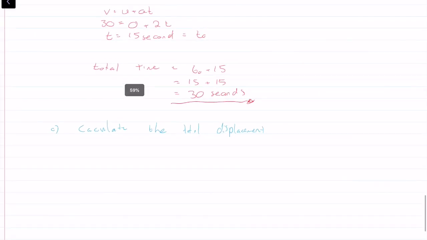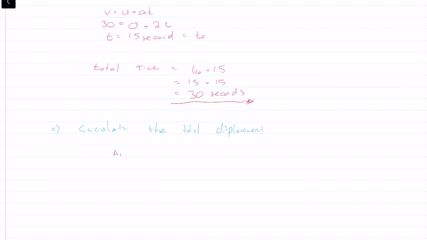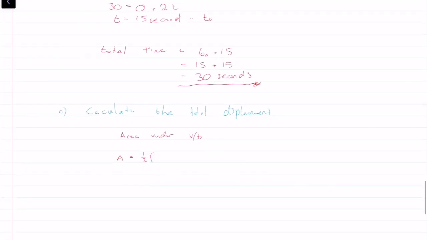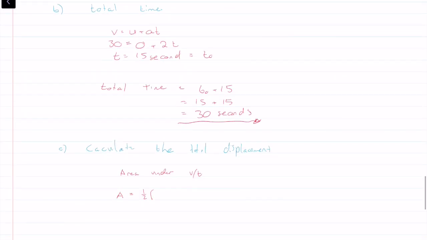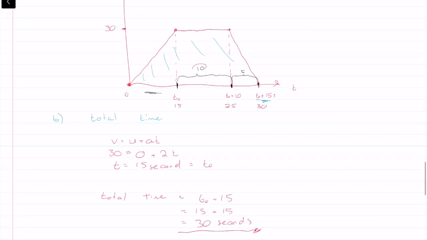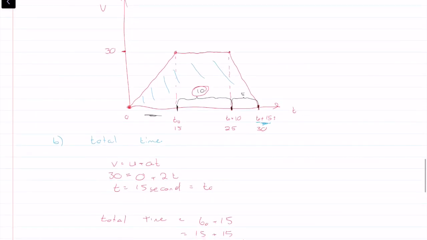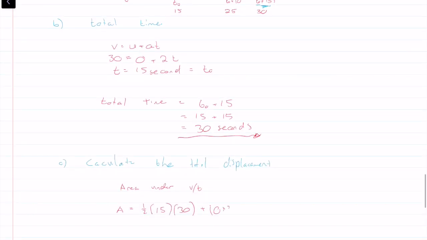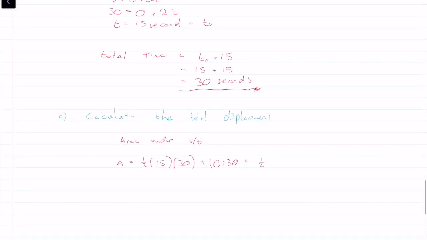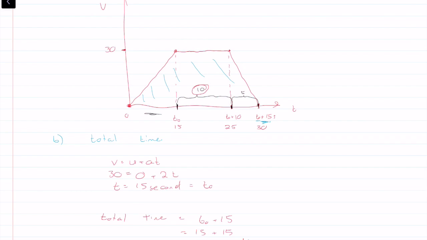So total displacement equals area under our velocity time graph. We have a triangle, which is half of the base, which is 15, times the height, which is 30, plus a rectangle, base 10 times 30, plus another triangle, half base times height, where our base is 5 and our height is 30.